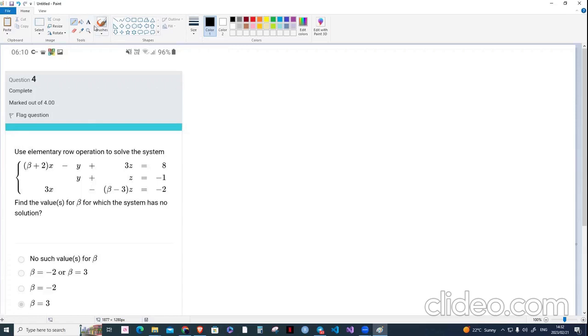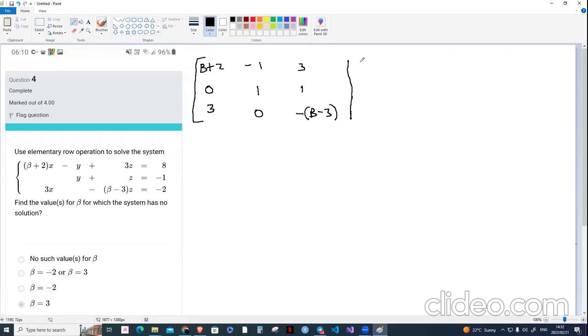So basically the system is inconsistent. I'm just going to write the matrix here. You always go to the first row, right? Let me write the augmented matrix so that it looks cleaner: B plus 2, 0, 1, 1, 3, 0, minus B minus 3.